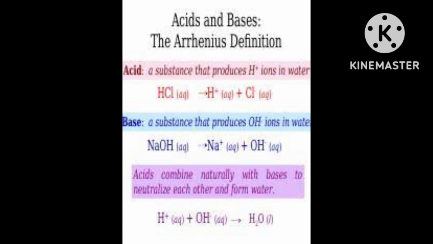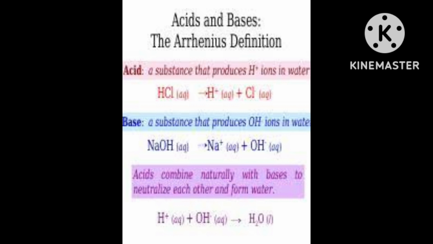And in BF3, we can see there are only 6 electrons: B-F bond, B-F bond, B-F bond. Only 6 electrons are there, 2 electrons are missing, and the octet is not completed.